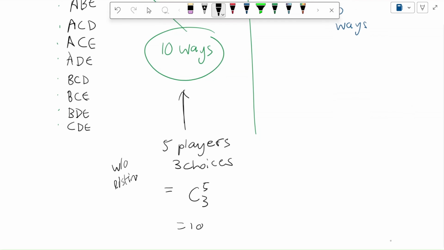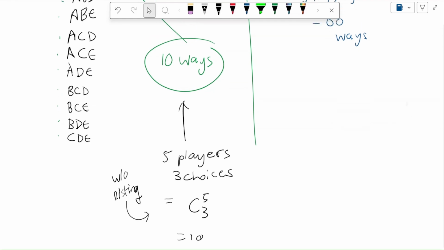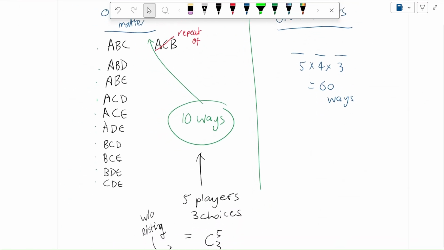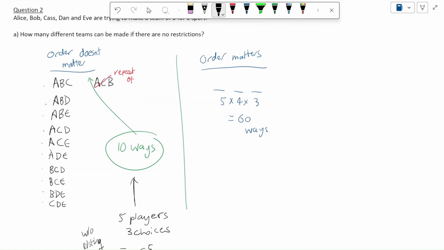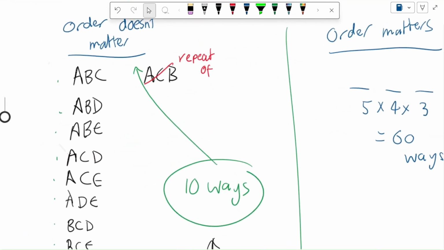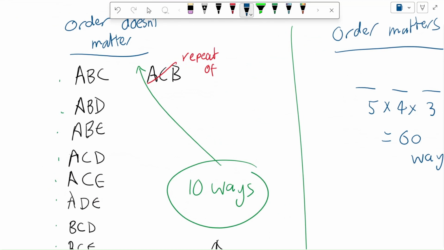And that's what I want you to do for these questions. If it's a small number, you should list them out and make sure you got it right. And really important, the difference between if order doesn't matter versus if order matters. You'll notice that with something like, let's go ABE, there's a few different rearrangements.